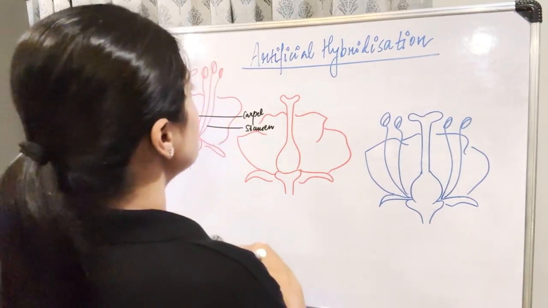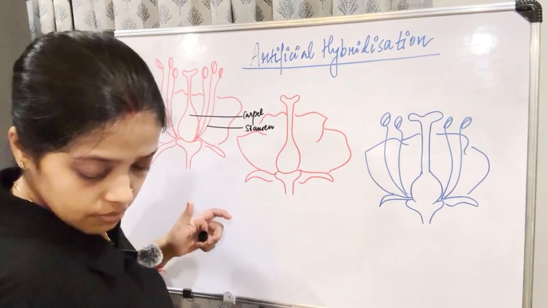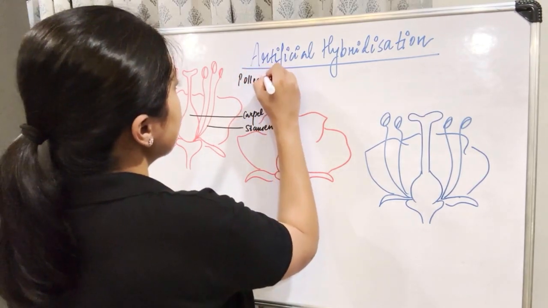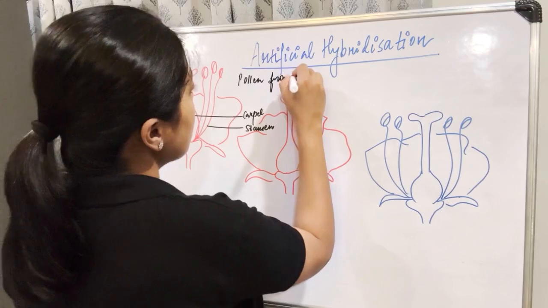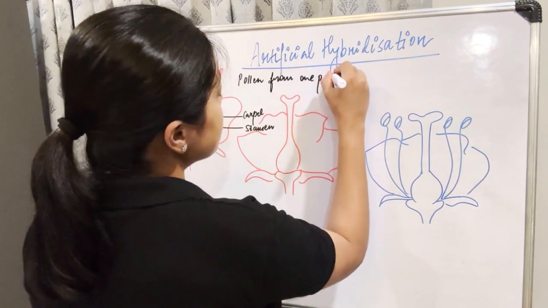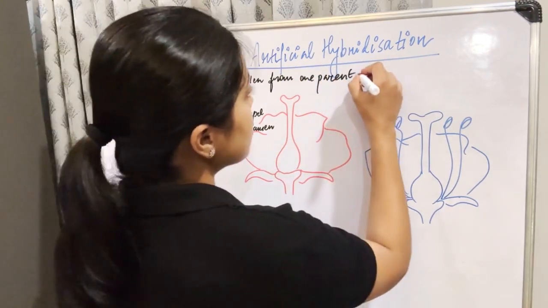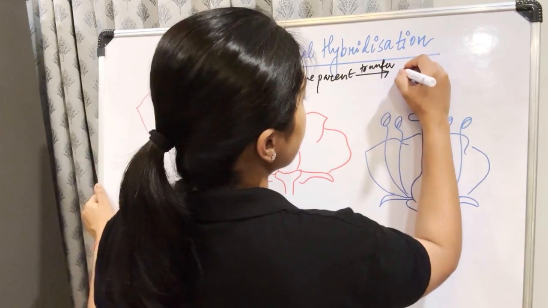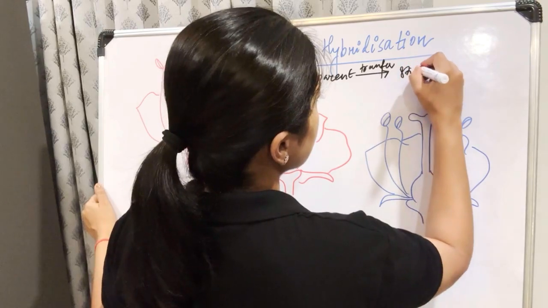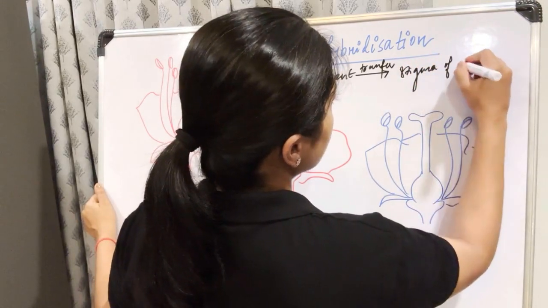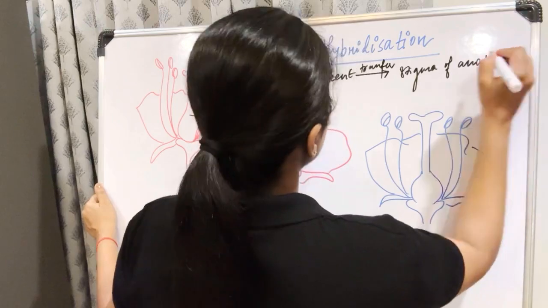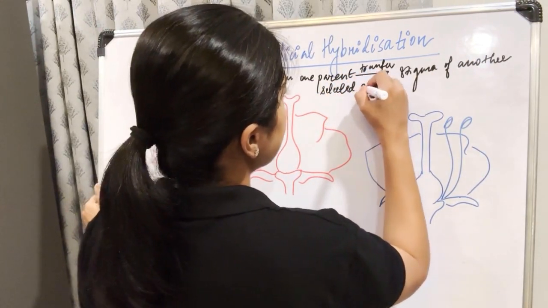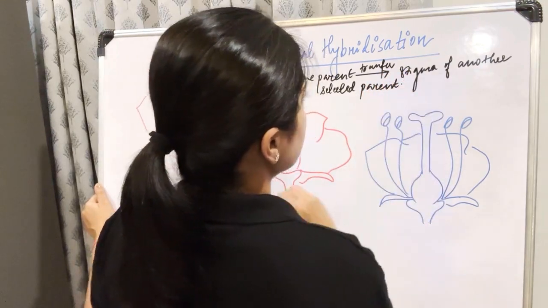So it is a strategy where we collect pollen from one parent and transfer it to the stigma of another selected parent.